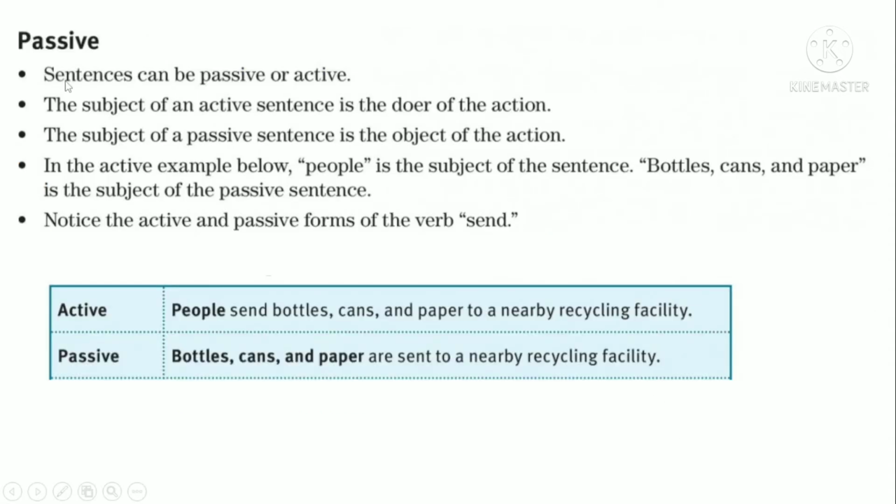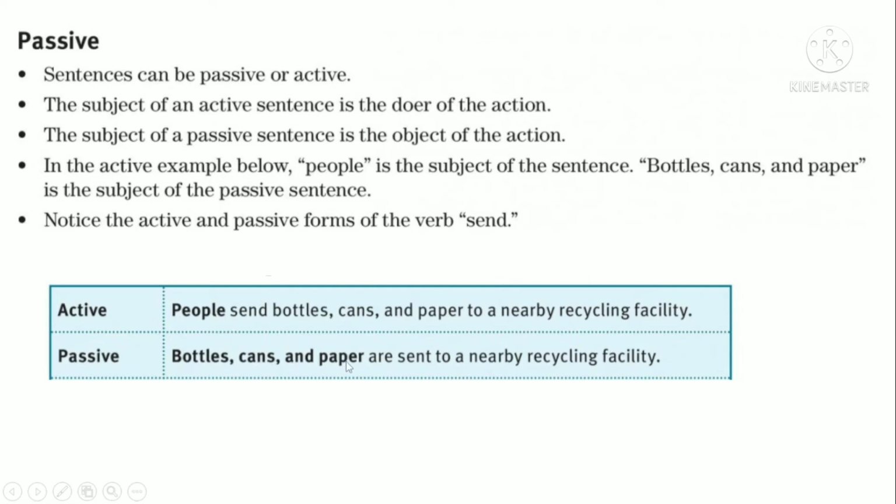As we saw, sentences can be passive or active. Okay? The subject of an active sentence is the doer of the action, as we saw before. The subject of a passive sentence is the object of the action. Let's see this other example, okay? People is the subject of the sentence.